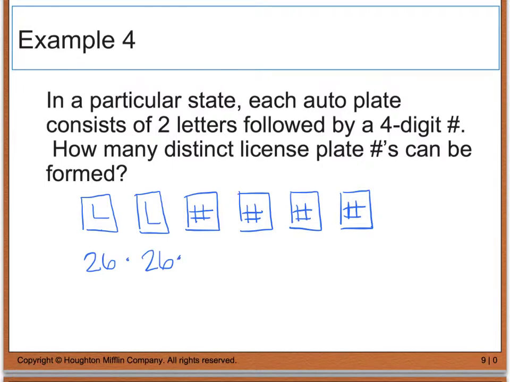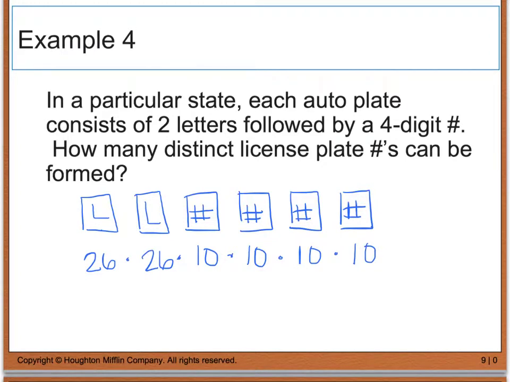When I get to my numbers, I have all the numbers from 0 to 9, which is 10. No restrictions on what my second number can be, so I also have 10. My third number, I have the possibility of 10 different numbers. And the fourth number is also a possibility of 10 different numbers.